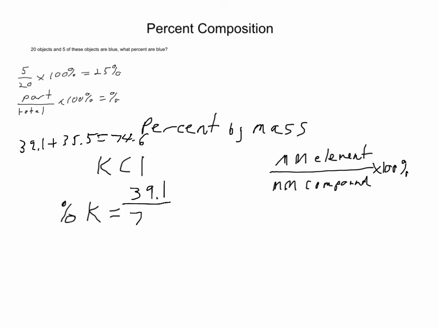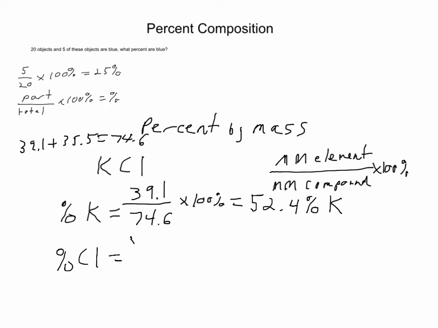So the total mass is 74.6 times 100%, and that will equal 52.4% potassium.